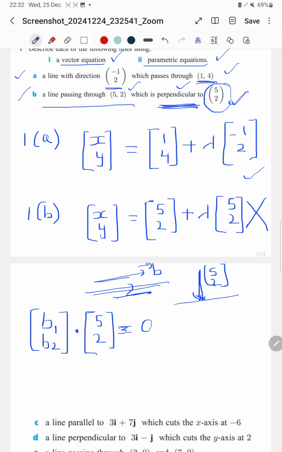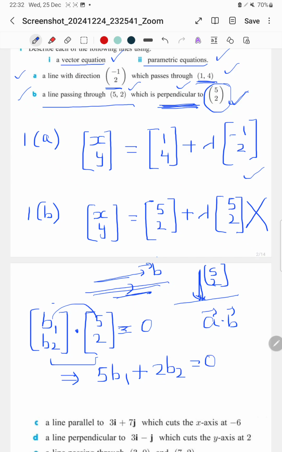It's a simple scalar 0, it's not a vector 0, because the dot product is also called the scalar product. Why? Because it generates a scalar value, a simple number without any direction. So if I open it like a dot b, here I know the coordinates. So b1 will be multiplied by 5, which is 5b1, plus b2 multiplied by 2, which is 2b2, and this must come out 0.